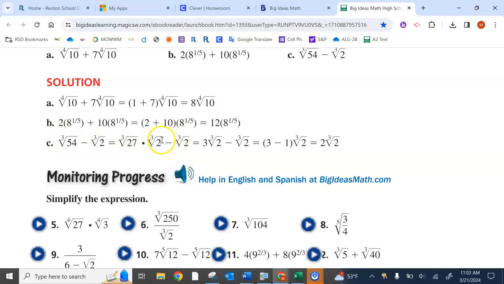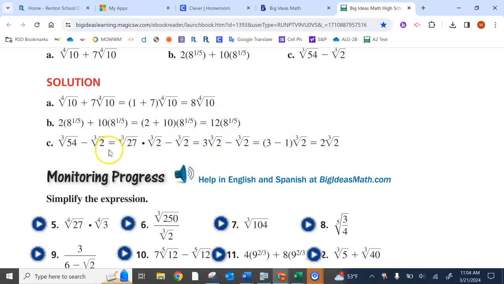And then these two are the same right now. And then they took the 3 out. Sorry, because remember, this is still a product.